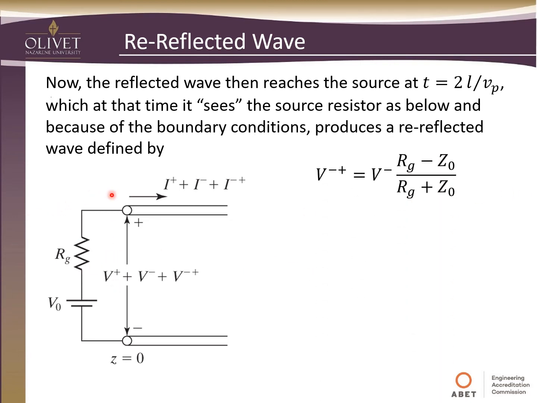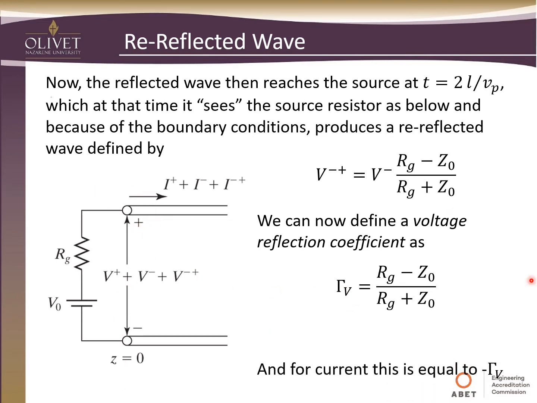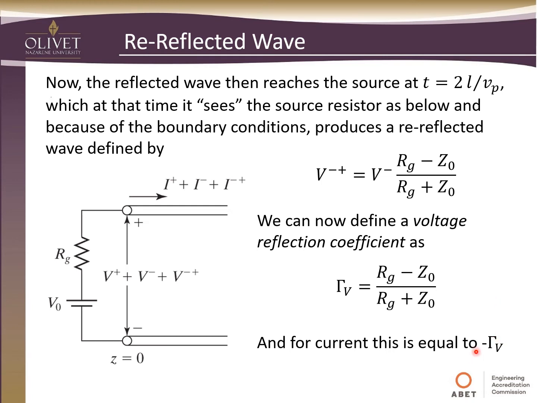At this boundary condition, we can calculate this new voltage V minus plus as a ratio of our resistors and impedance. And just as we did before, we can calculate another reflection coefficient. This will be our reflection coefficient at the source, and again, the current's is going to be the negative of that. Okay, so now we have two boundaries in this simple circuit, two boundary conditions, and two reflection coefficients defined.